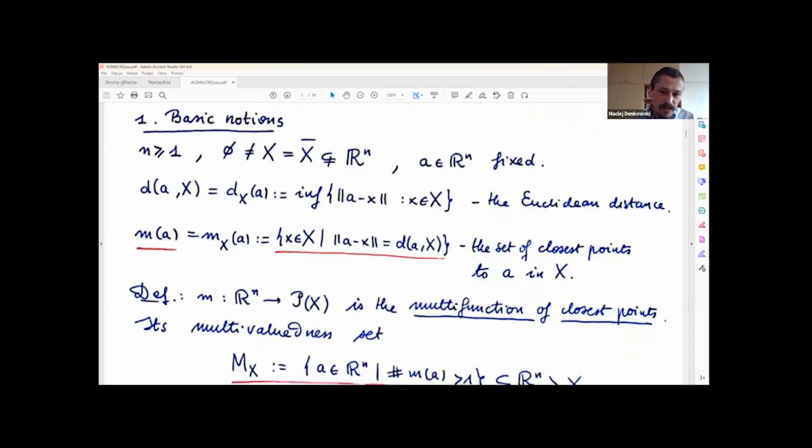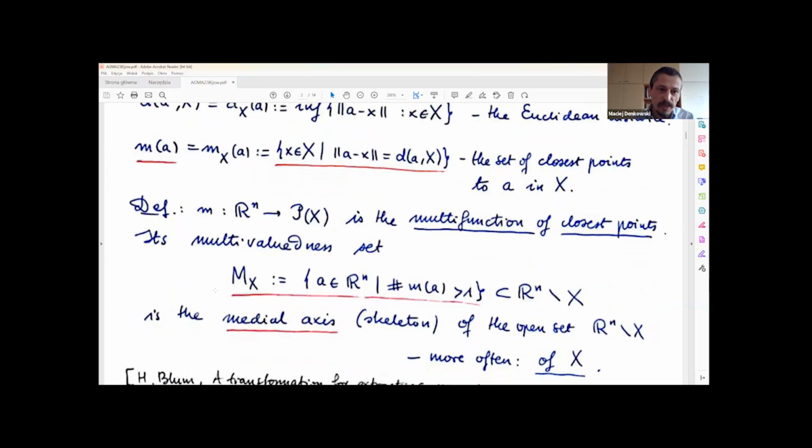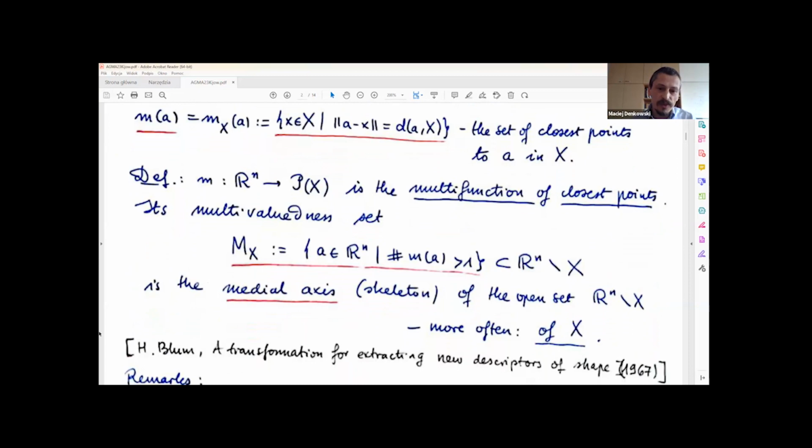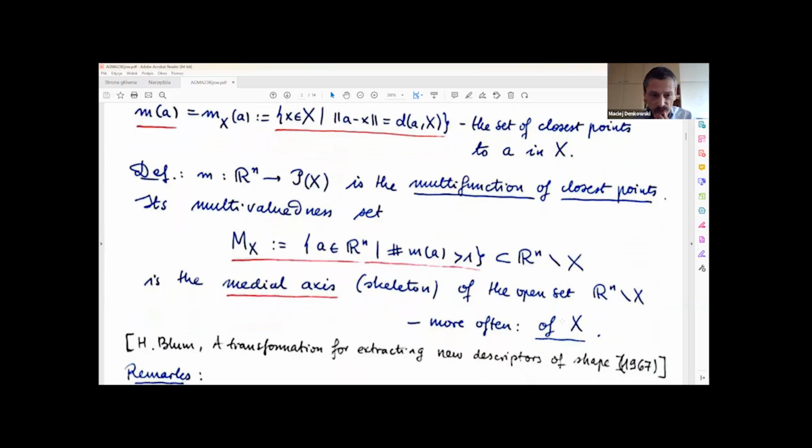And this, of course, defines a multifunction, right? A multifunction whose multi-valuedness set, which means the set of points for which there is more than one closest point in X, is what we call the medial axis, or sometimes skeleton, of the open set that we get by taking the complement to X. Of course, more often we will speak of the medial axis of X itself.